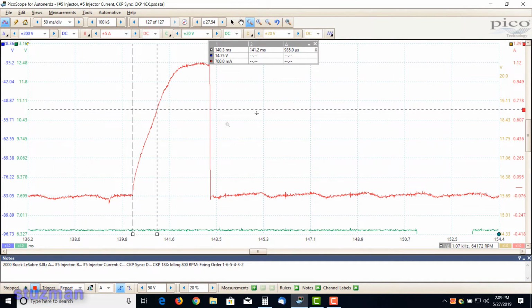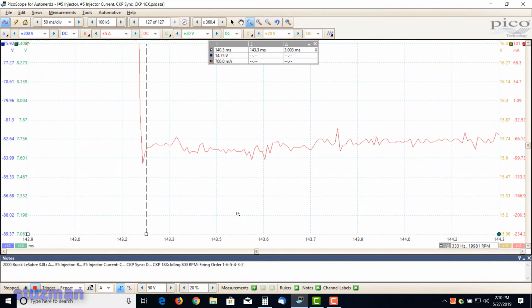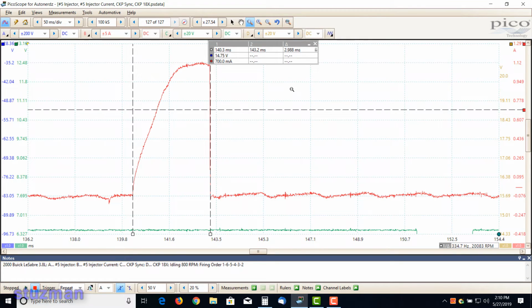Let's take this one and slide him over, and we'll see what the max current for that would be. Let's put them right there. Now you can see the time between these two time cursors is 2.988, but we'll just say that it's 3 milliseconds. And we'll make a notation of that time also.